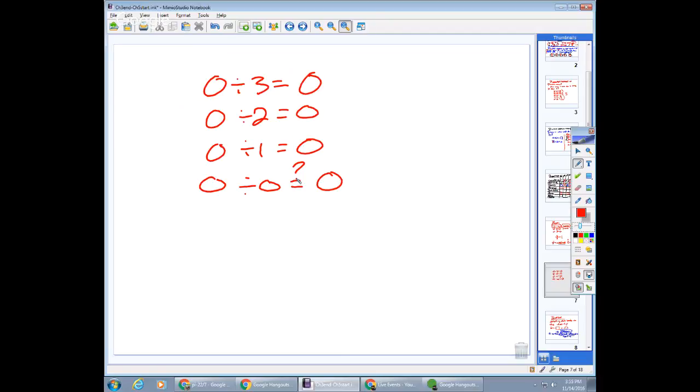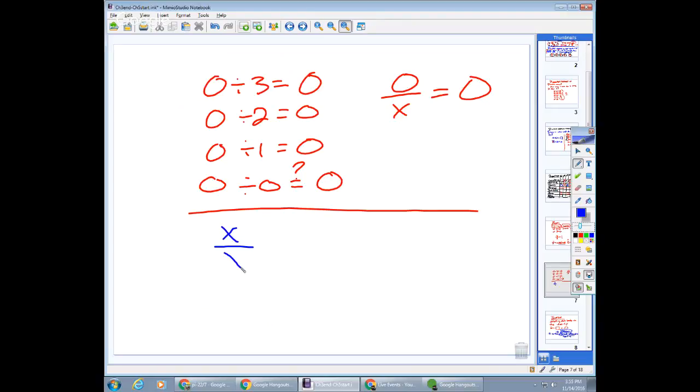Because I do have possible solutions. Don't I have a rule that says 0 divided by some number is 0? 0 divided by 2, 0 divided by 3. I also have another rule that says a number divided by itself is 1.